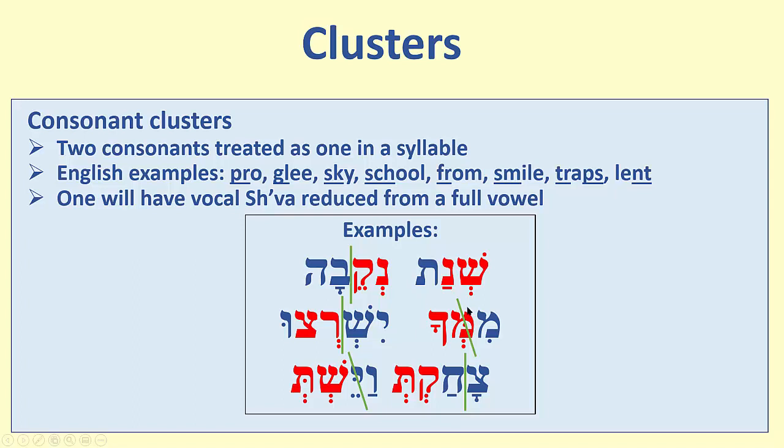The first one is ending the first syllable, and the second one is starting the next syllable. So I'm going to divide right down the middle of it. That second mem of this doubled mem is what works as a cluster with the final kaf. This would be mimcha.